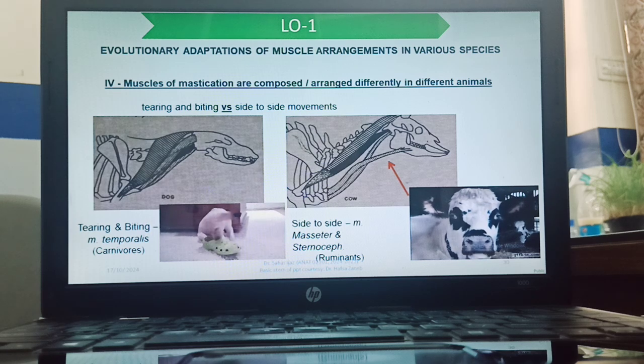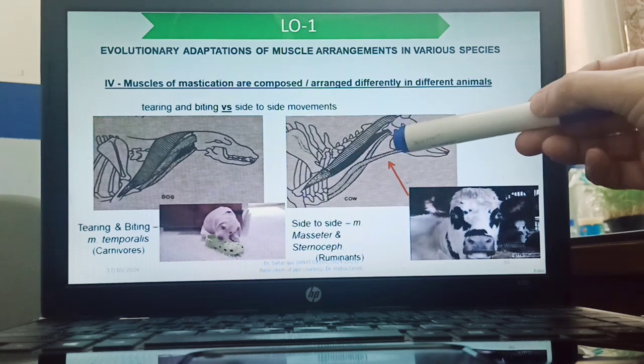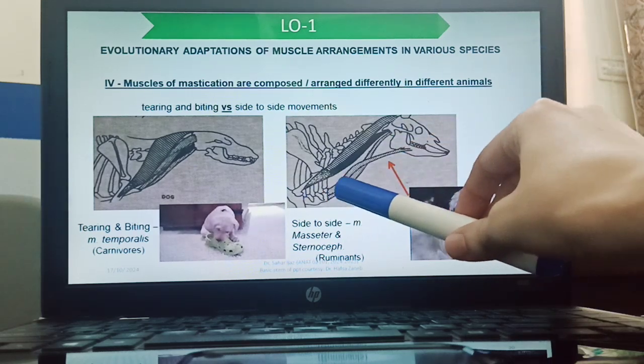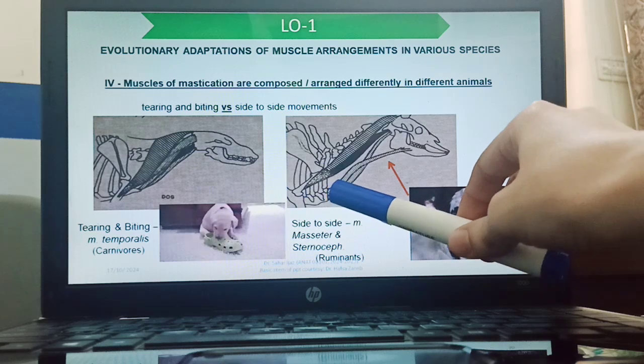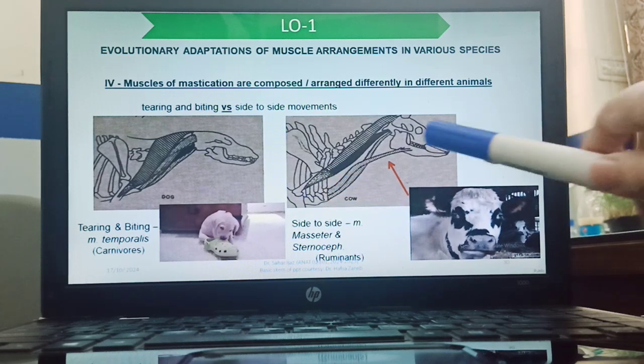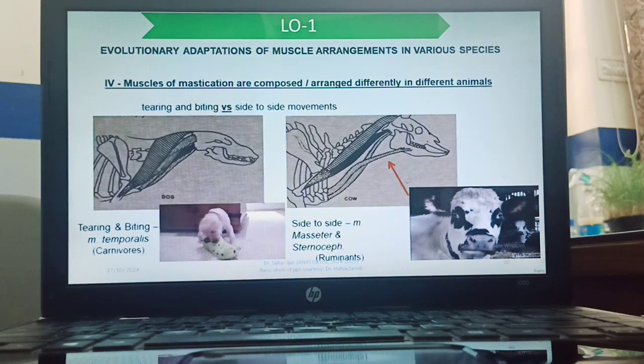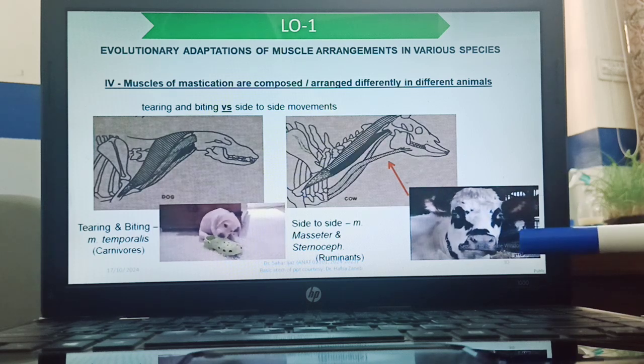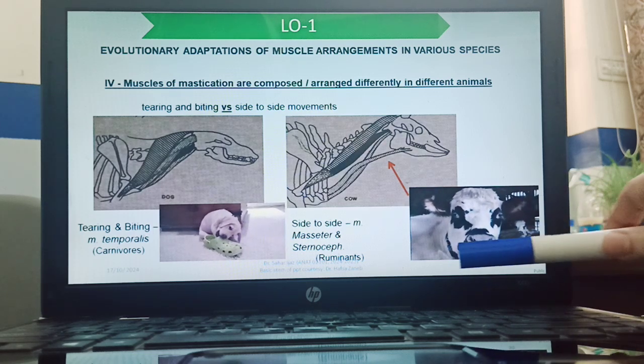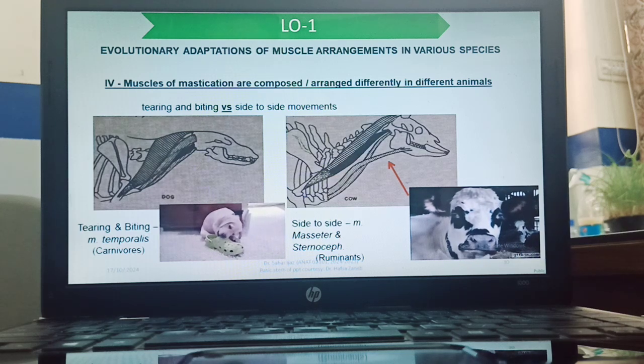While for the other animal, as shown here, you see the chewing action, and the masseter muscle that is filling up the space of the mandible, and then the sternocephalic muscle, which comes from the sternum and reaches the skull, also has an extra slip going to the mandible, the sternomandibularis, to help this animal chew and move the lower jaw side to side. So this is one adaptation that we see in the muscles which are helping in mastication or tearing and biting in these animals.